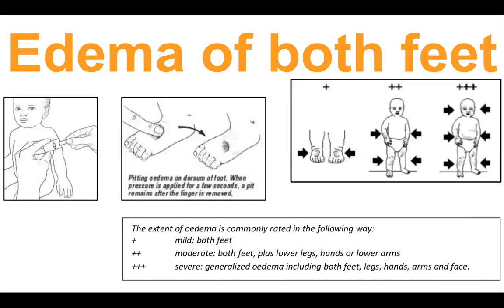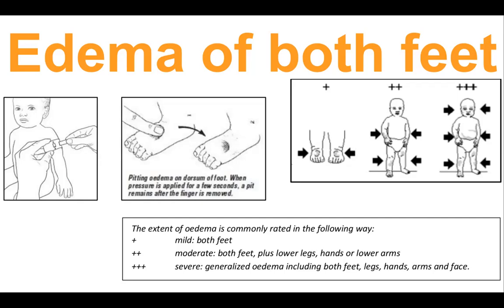And then we talk about edema of both feet. How do we screen for this? Pitting edema is usually most obvious in the feet. When pressure is applied for a few seconds on the feet, a pit remains after the finger is removed. This is what we call pitting edema. How do we grade the extent of edema?